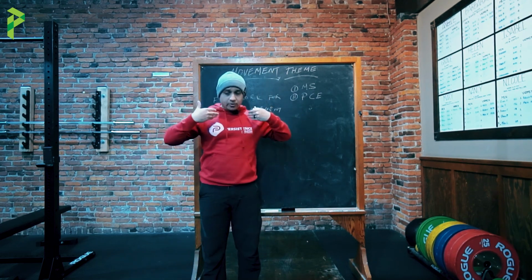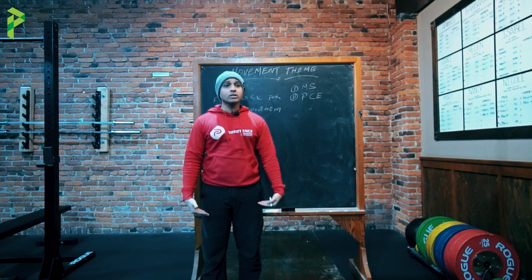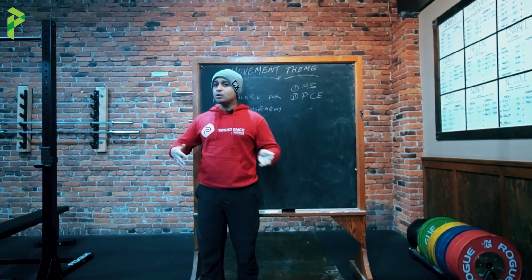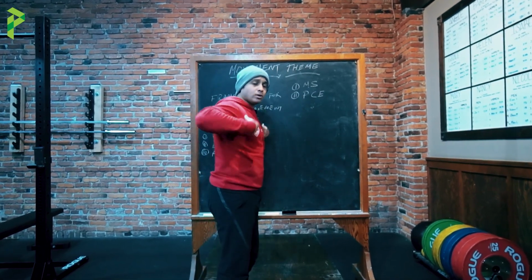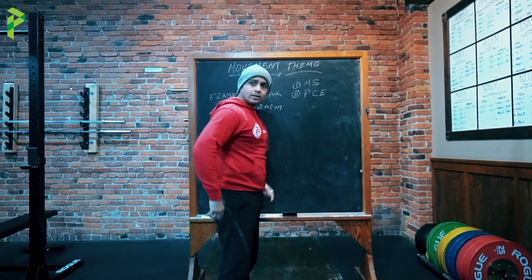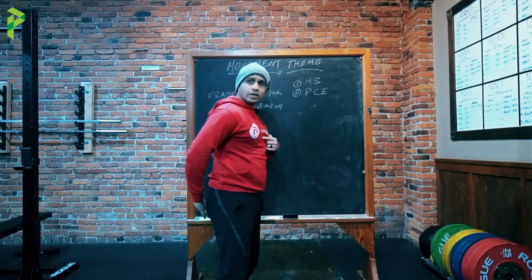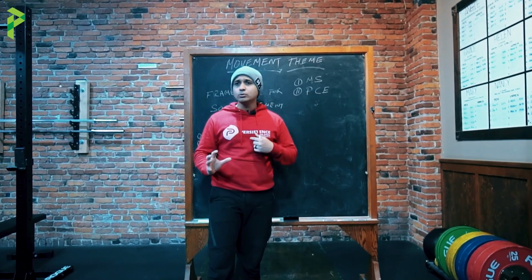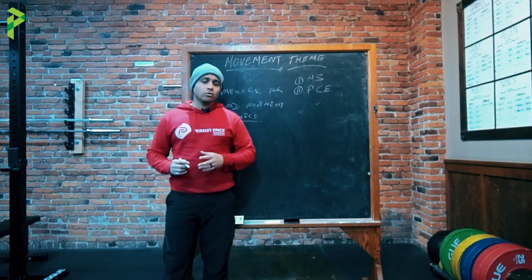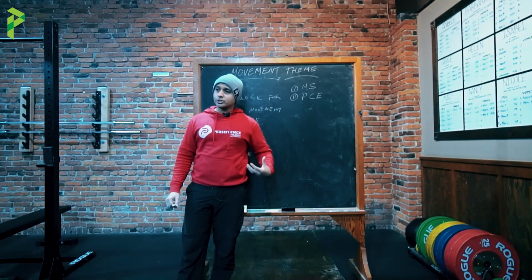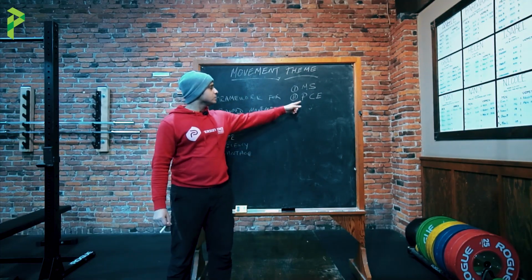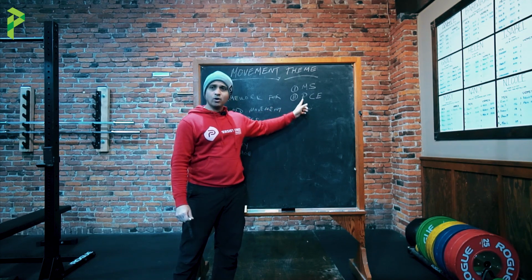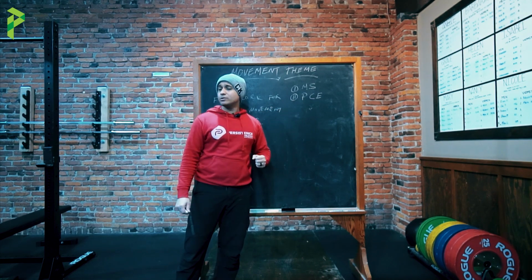Anterior chain is all the muscle groups in front. Posterior chain starts from the shoulder and includes all the muscles of the back, your hips, your glutes, hamstrings. They all contribute towards the posterior chain. And we want this to be engaged most of the time, actually all the time, when you're doing movement.